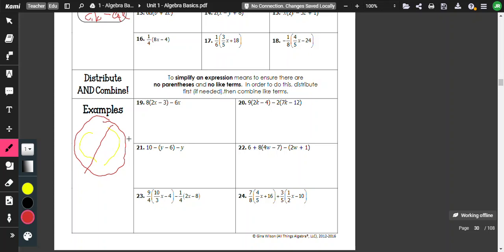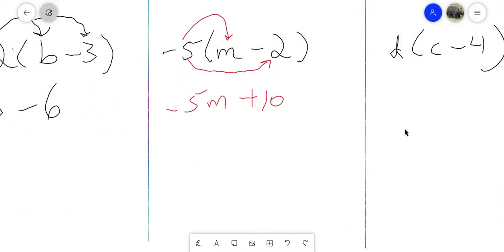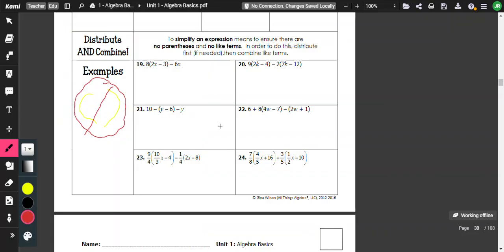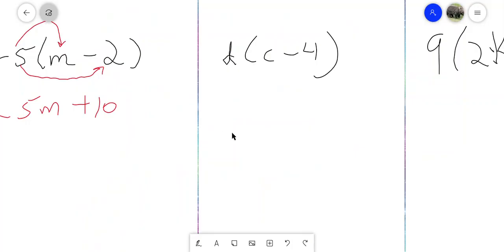Okay, so let's do some practice examples. What we're going to be doing is distributing any constant or variable inside a set of parentheses and then combining like terms. So let's see what we have on our table. Let's do this one, d times c minus 4, just to give you an idea of what it means to distribute a variable.